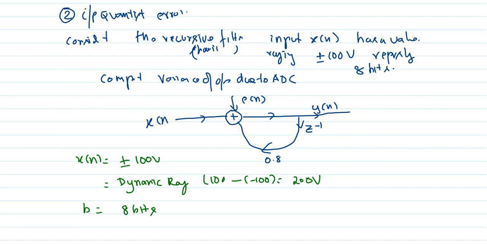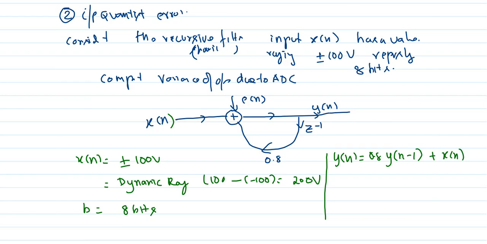From this diagram you can easily draw the difference equation. See here, y of n is equal to, this y of n is delayed, so it is y of n minus 1, multiplied by 0.8 and added to x of n. So this is my first order difference equation.